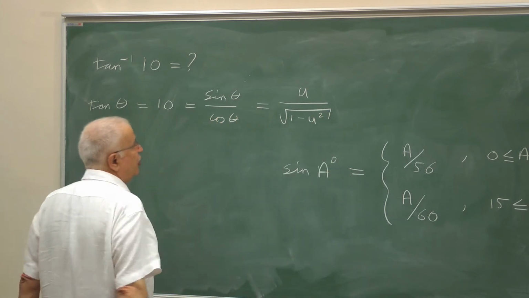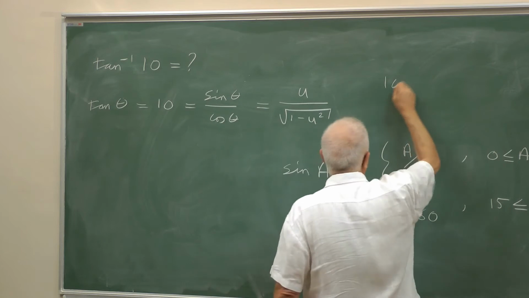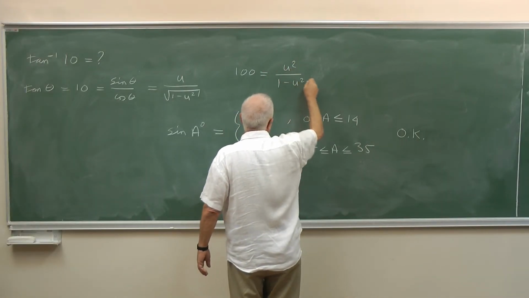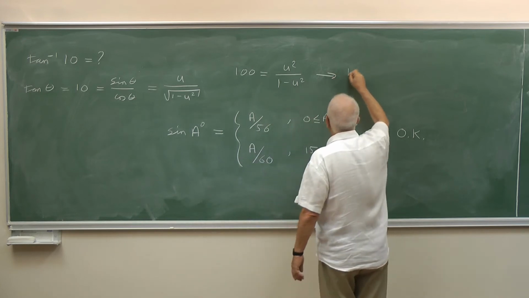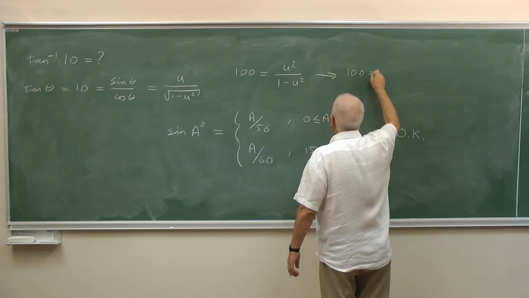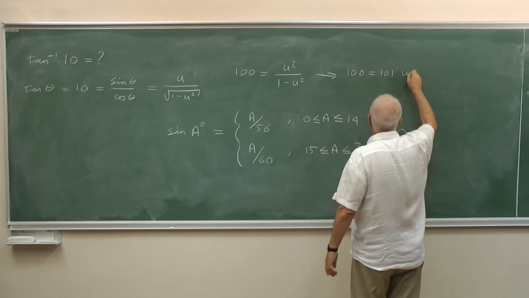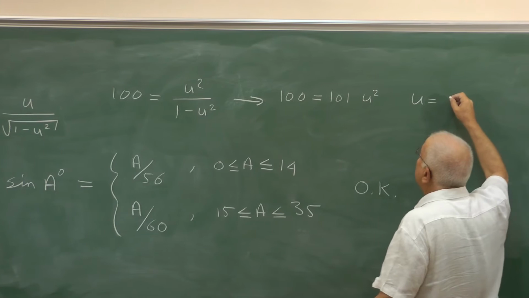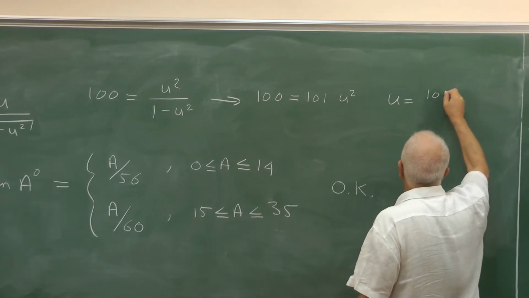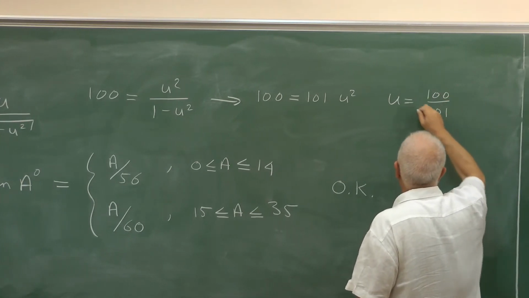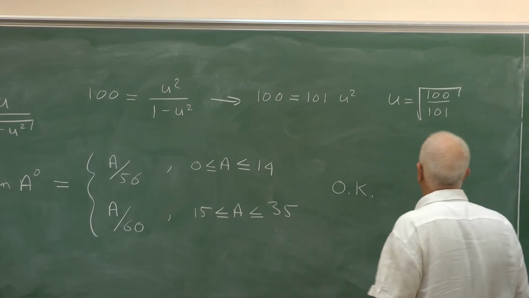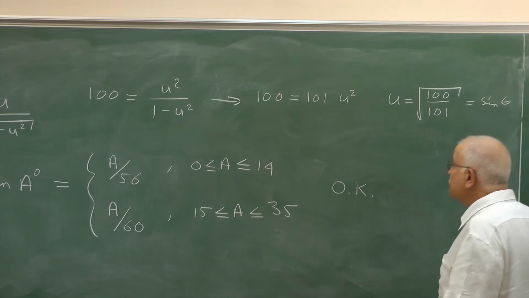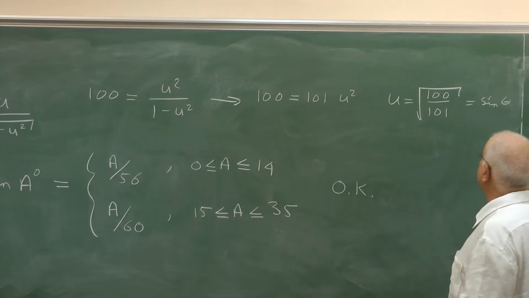If I square both sides, 100 will equal u square over 1 minus u square, or 100 equals 101 u square, or u equals square root of 100 over 101, which is sine theta, which is very close.